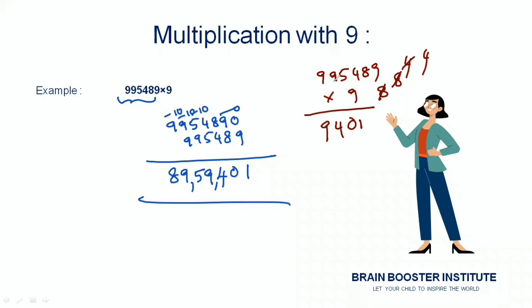And 9 9s are 81 plus 4 is equal to 85. And what do you get, children? 9 9s are 81 plus 8 is equal to 89. Wow, wonderful, children. We got the same answer. If you check it here, we can understand this is applicable for every number, irrespective of the number of digits.